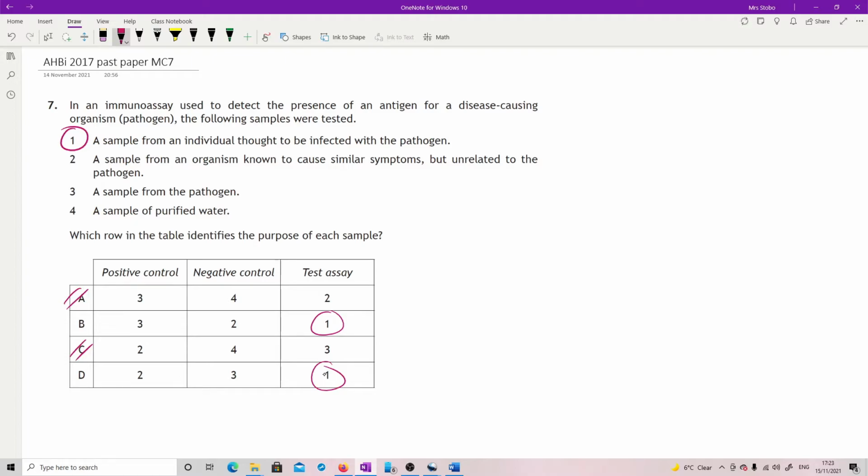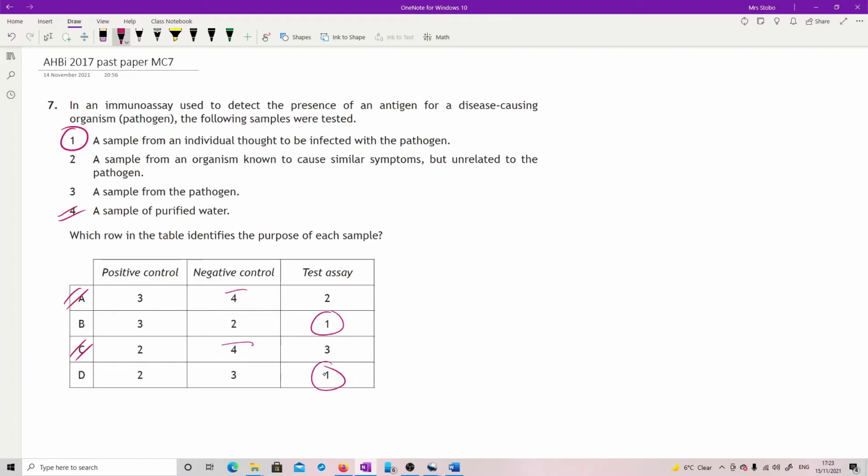We're now left with, well, it's already given you, in this case, oh no it hasn't, sorry, I thought I'd given you the negative control. So we can get rid of the purified water, because that's not actually involved in any of the ones that we still have active. So we're looking for which of these is a positive control and which is a negative control.